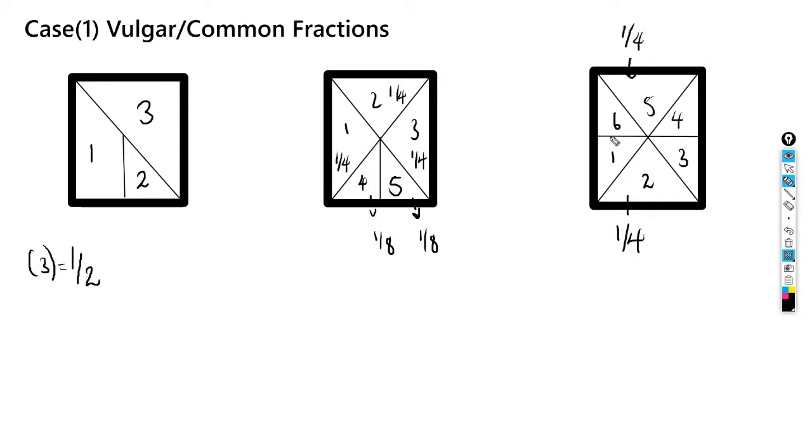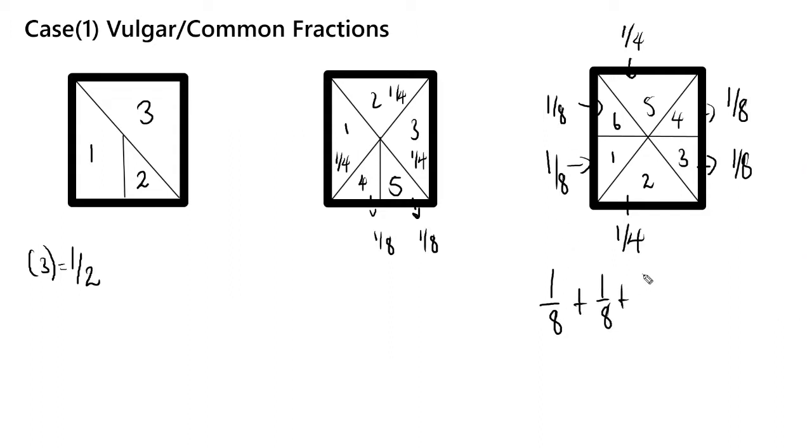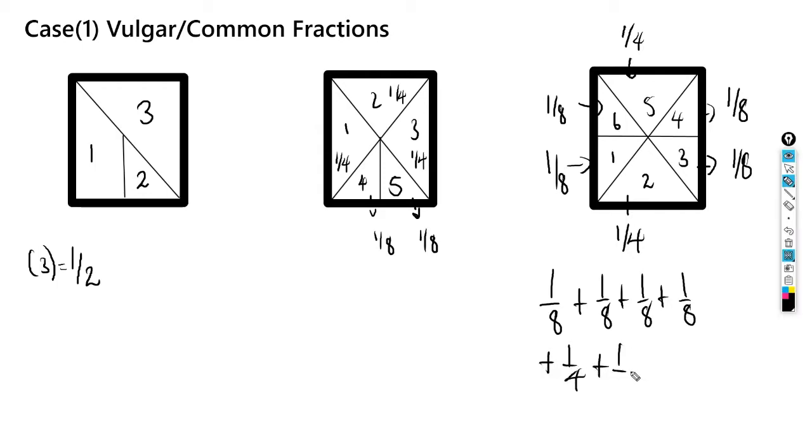Now these quarters are divided into 2, so this would be 1/8 of the rectangle, this would also be 1/8, and this would also be 1/8 of the entire rectangle, and this would also be 1/8. So let's add up all of them: 1/8 four times, so 1/8 plus 1/8 plus 1/8 plus 1/8, plus the 2/4, which is plus 1/4 plus 1/4.